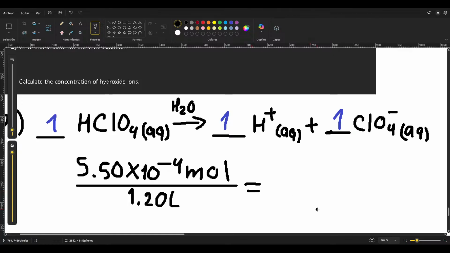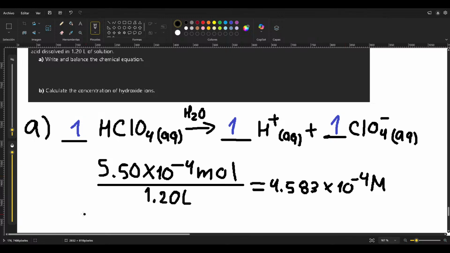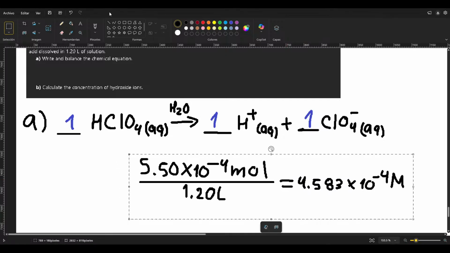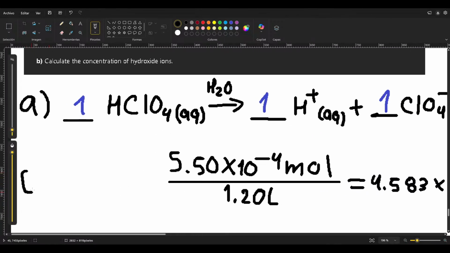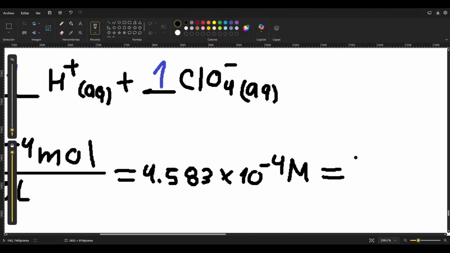So this is 4.583 times 10 to the negative 14 molar. So this is the concentration of the acid specifically. But since everything is 1, 1, 1, then this is also gonna be the concentration of the hydrogen ions.